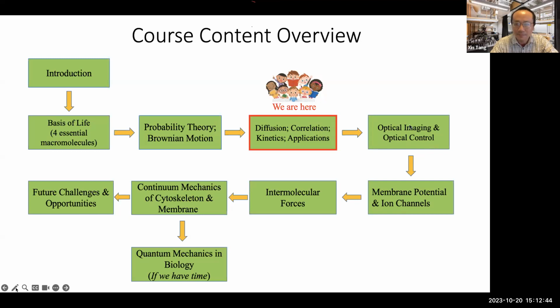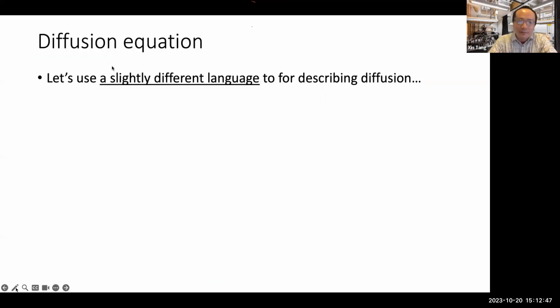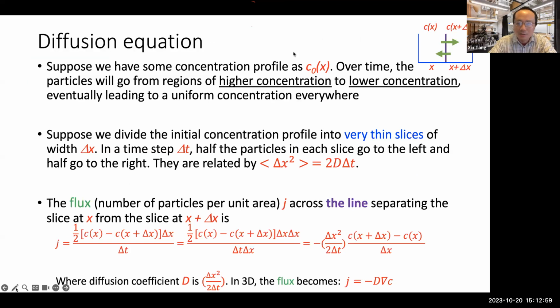Okay. Good. So in the last lecture we talked about the diffusion equation, and we used the differentiation method to describe diffusion. We derived the diffusion equation using the following method, right? We divide the whole volume into many thin slices, and then denote the concentrations of all the particles in different slices as C0(x), before they diffuse, before they move.